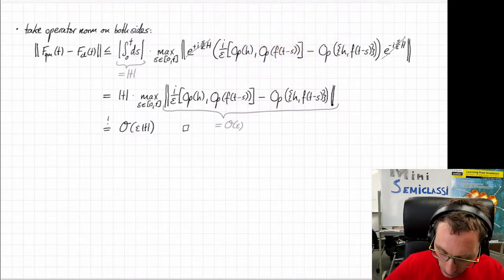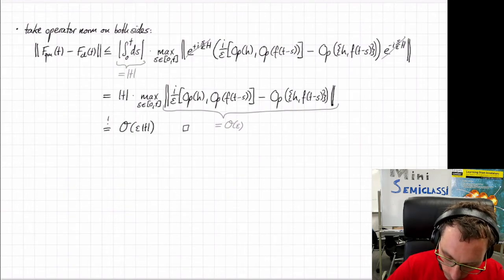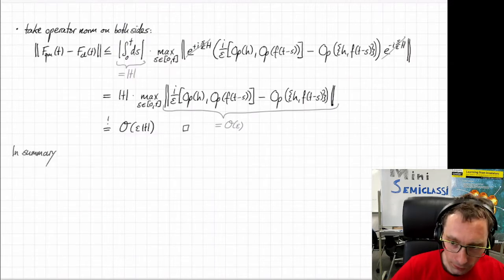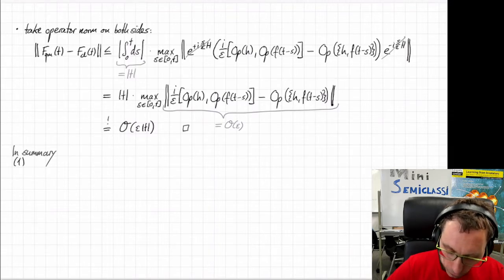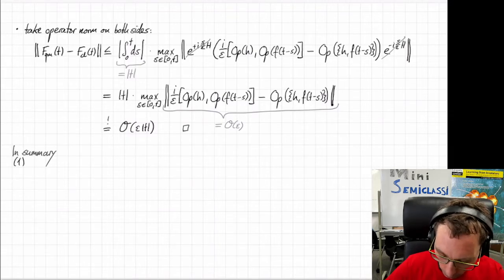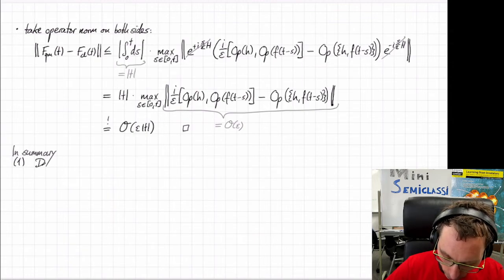So let me summarize this. And this summary should serve as our homework assignment for the rest of the chapter. So first, we have to define and characterize the quantization map.